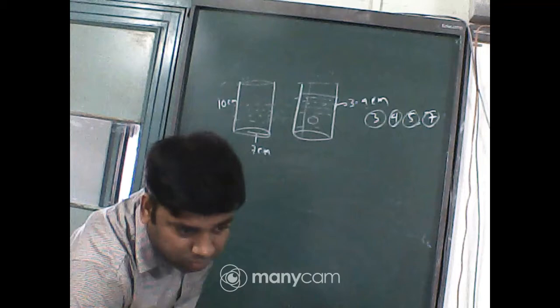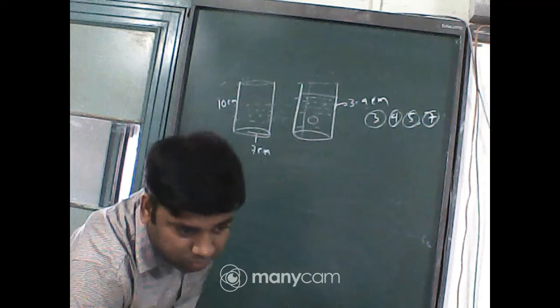Now the water increased up to this. So this part is also a cylinder, and the volume of that amount of water is equal to the volume of the sphere, and as it is a cylinder, its volume will be pi r square h.